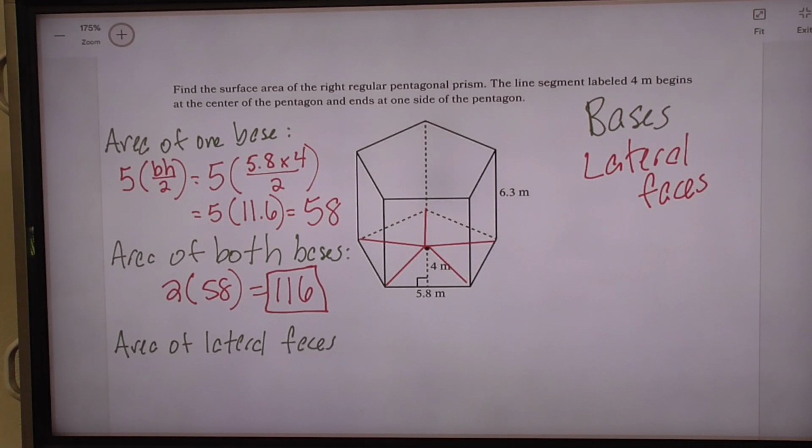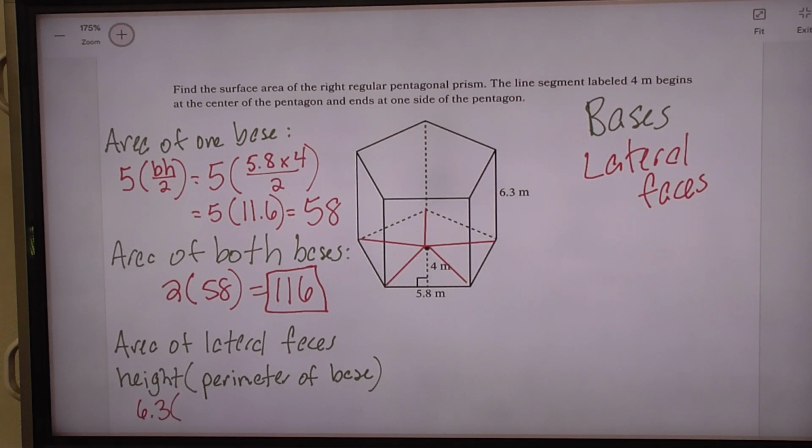To find the area of the lateral faces, we're going to take the height and multiply the height times the perimeter of the base. The height of this thing is 6.3.